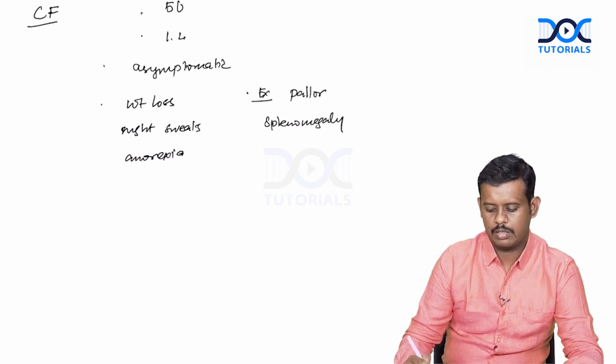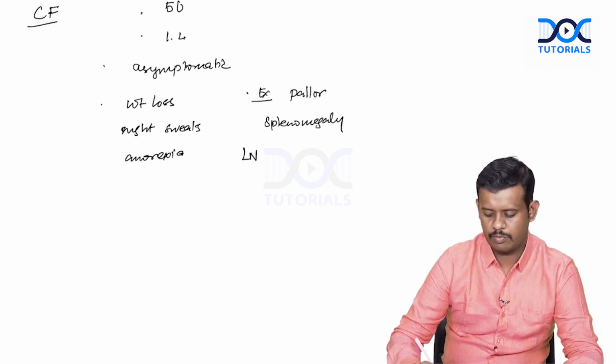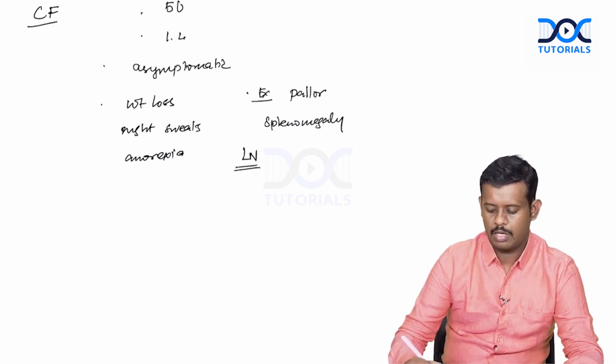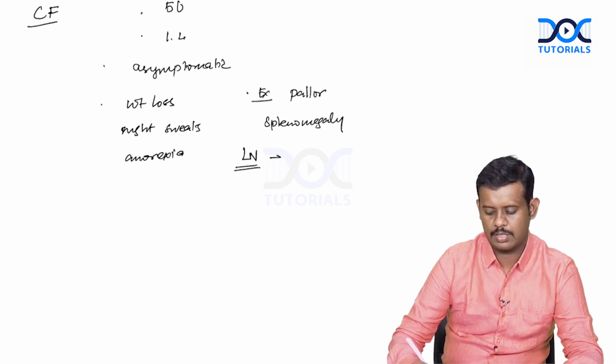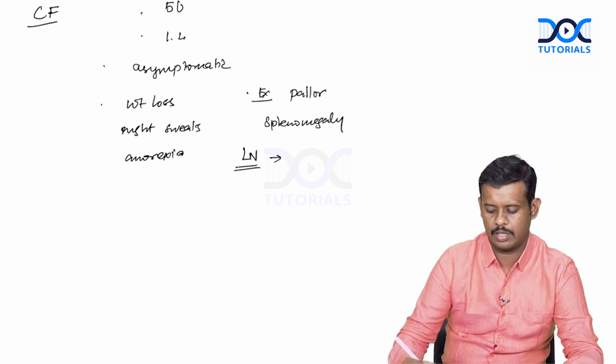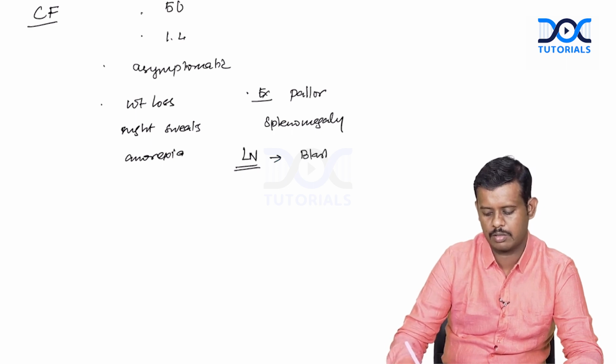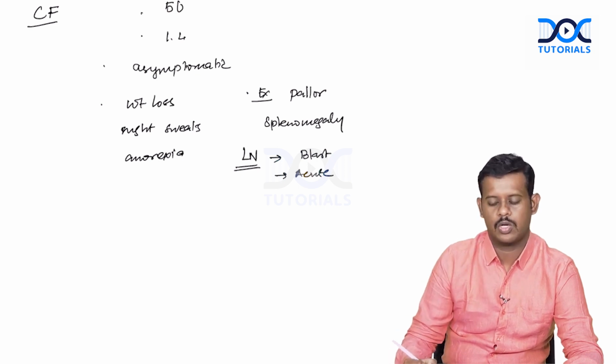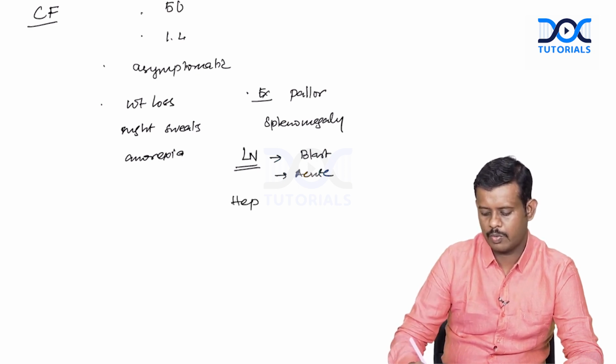Very clearly they do not have lymphadenopathy. If they do have lymphadenopathy, suspect other problems associated with CML. It can be a blast crisis phase, or it can be an acute leukemia which you are missing. Also, hepatomegaly is rare in CML.